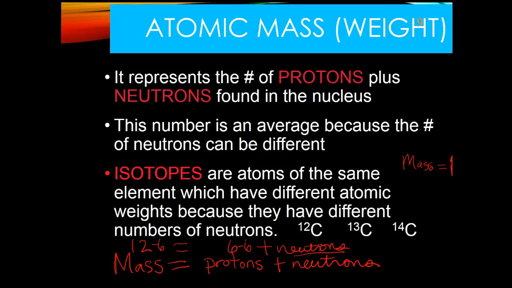So that neutron number is 8. Again, isotopes are atoms of the same element which have differing atomic weights because they have different numbers of neutrons. So carbon 12 had 6 neutrons, carbon 13 had 7 neutrons, and carbon 14, which is the other one that we calculated, has 8 neutrons.